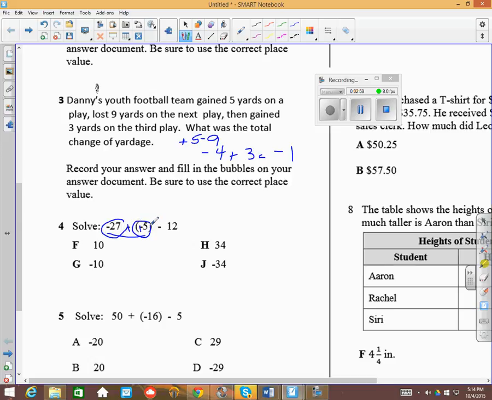Different signs mean you're going to use the operation of subtraction. Because it's 5 minus 27, that gives me a negative 22.